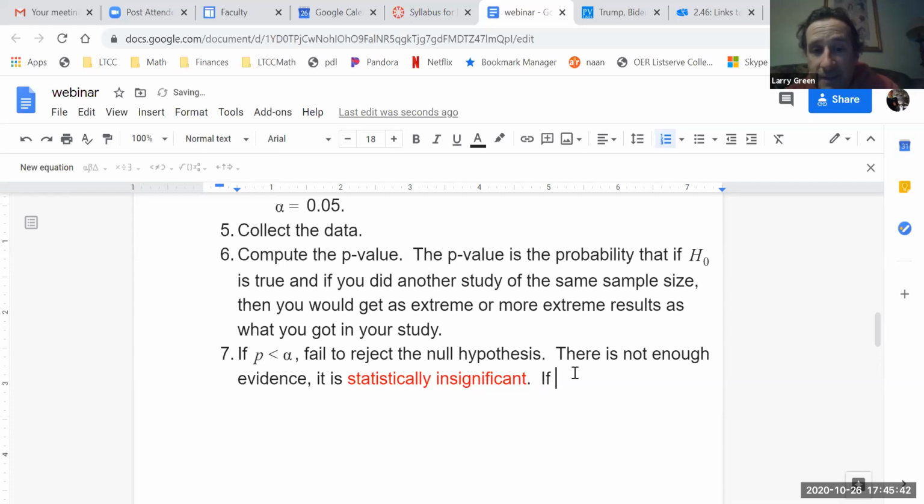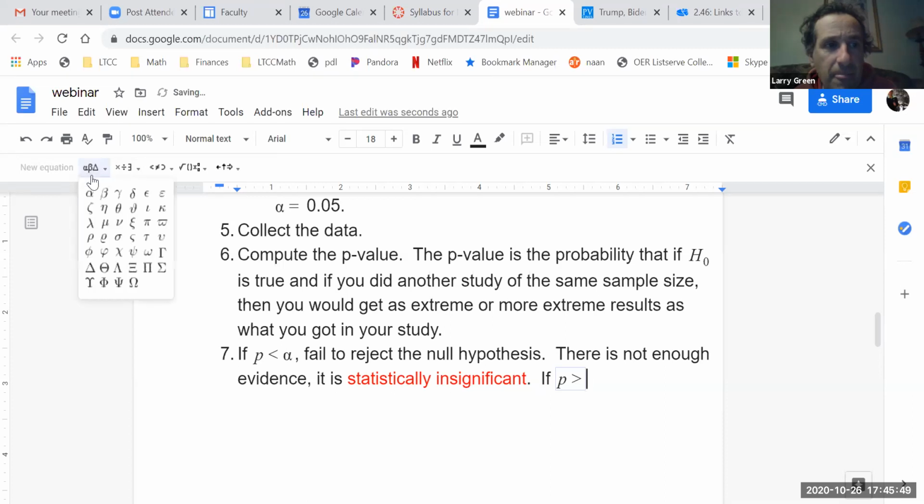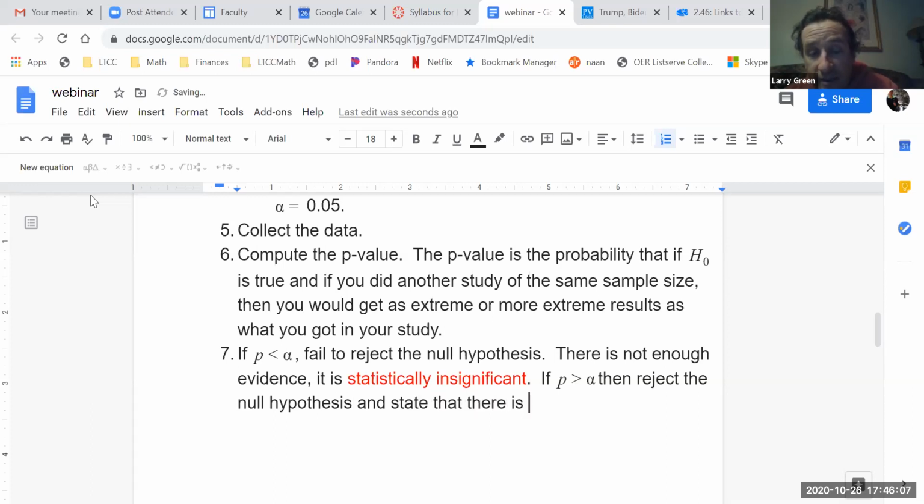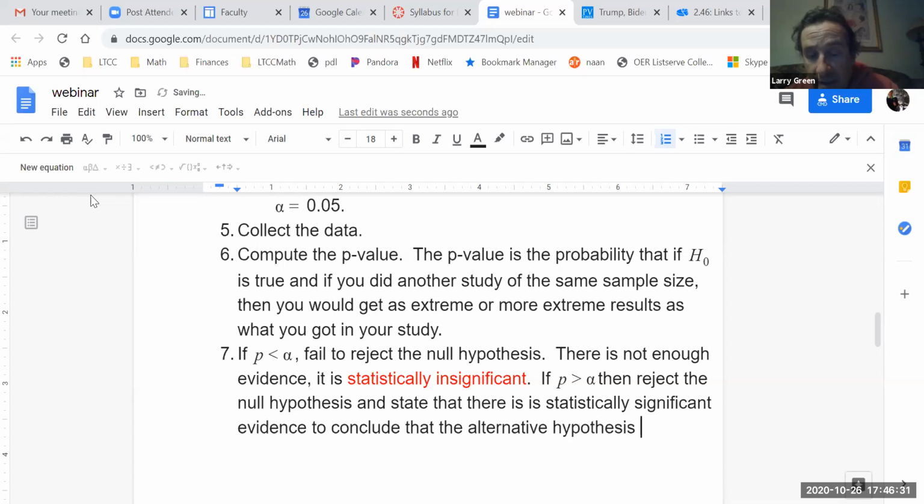On the other hand, if p is greater than alpha, then reject the null hypothesis, and state that there is statistically significant evidence to conclude that the alternative hypothesis is true.